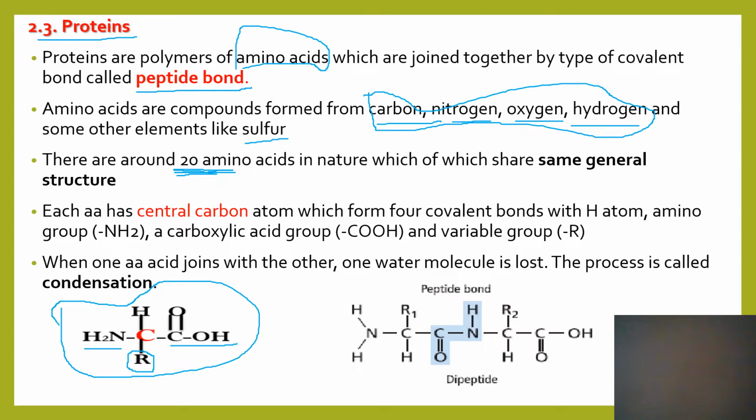Therefore, all amino acids have a central carbon, amino group, carboxylic acid group, and hydrogen, but their difference is in the R group. I'll show the different amino acids in the next slide. The only difference of these 20 amino acids is in the R group.